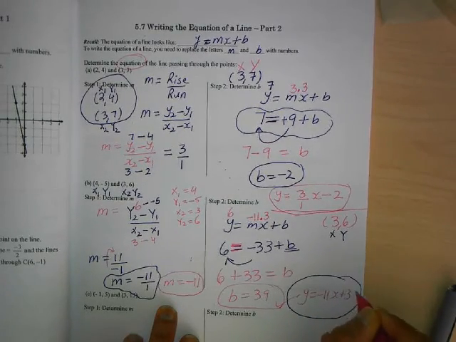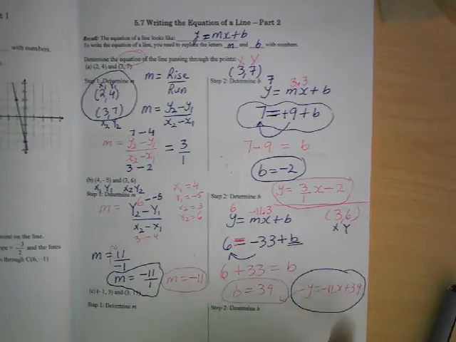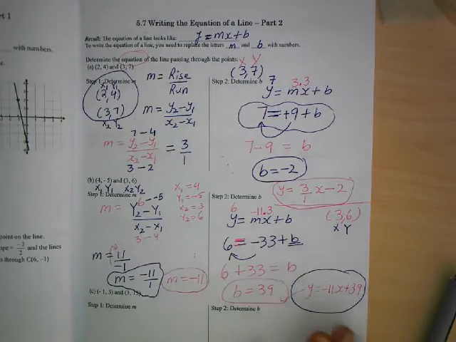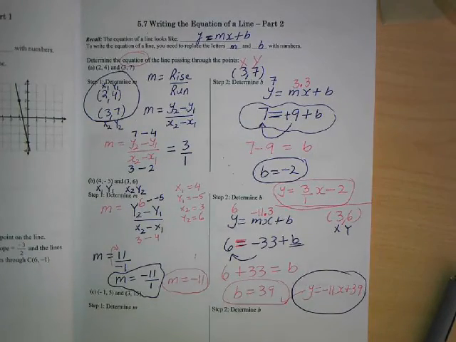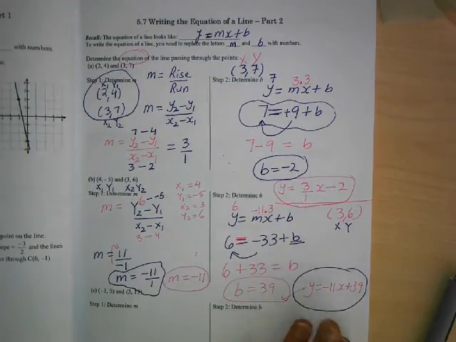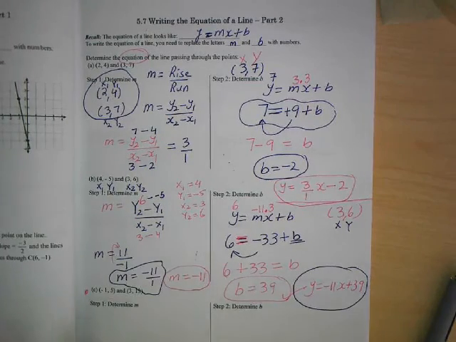You replace m and b. So that is my slope, that is the y-intercept. Now I can graph it, and I can find points. Before I couldn't graph this. Anybody has a question? Now I'm going to ask you to do this, and I'm going to come over to check.